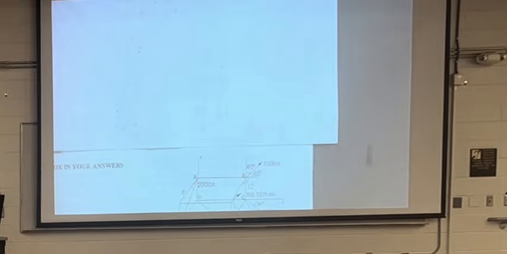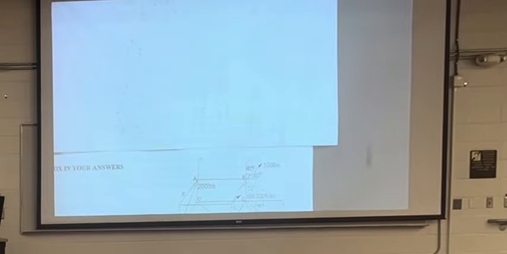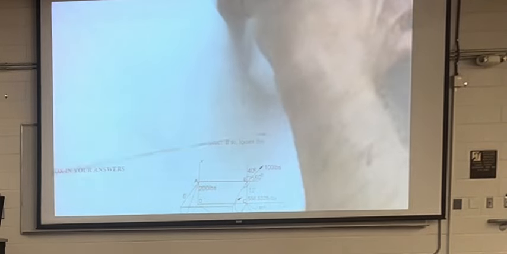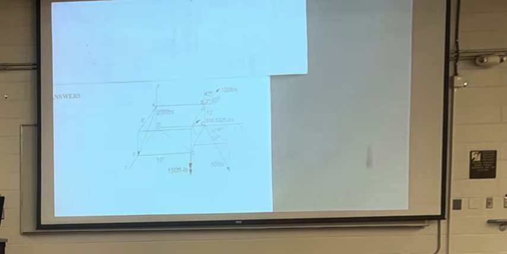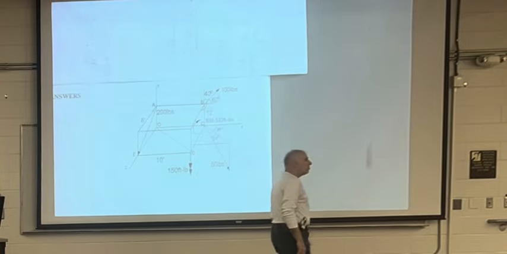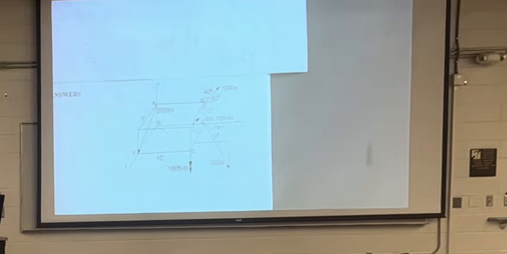Next problem. Old question number 3. You can see there's the 3. There's the 3 right there. You can tell that's a question number 3 from the Old Testament. What do you think is going to happen? I have a 3D problem.